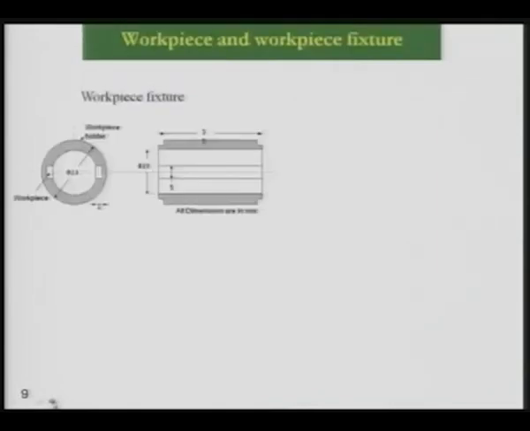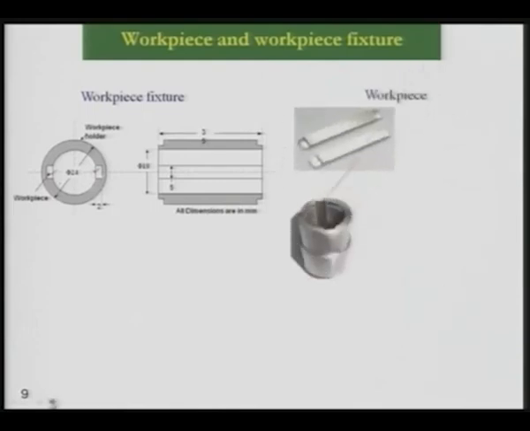Here is the workpiece fixture. This fixture is used for keeping the flat workpieces, and two workpieces can be placed at one time. You can have more than 2 slots, then you can have more than 2 workpieces being finished at the same time. These are the shapes of the workpiece, and this is the pictorial view of this particular fixture, and you can see the workpiece gets fit over here. This is the one and this is for the second one.